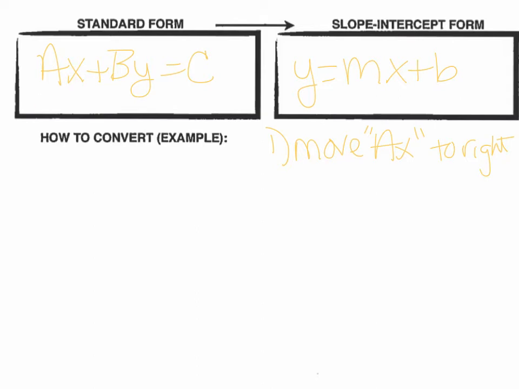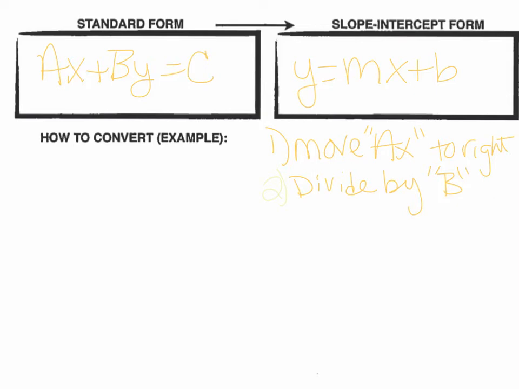So we're reversing the process that we did previously. And then your next step is to divide by the b value. I'm using capital B here because I'm talking about the b that is in the standard form equation, not the y-intercept lowercase b in slope-intercept form.